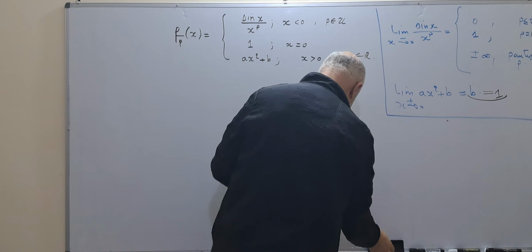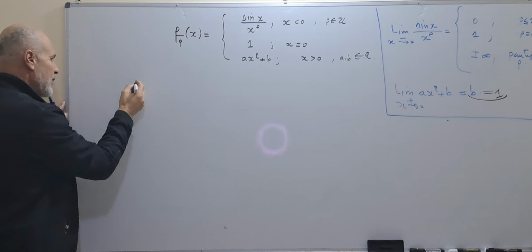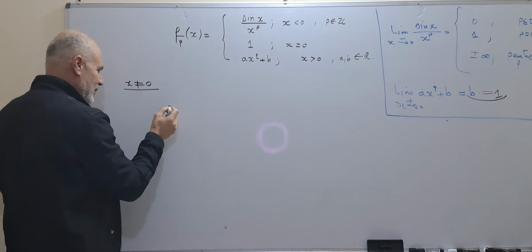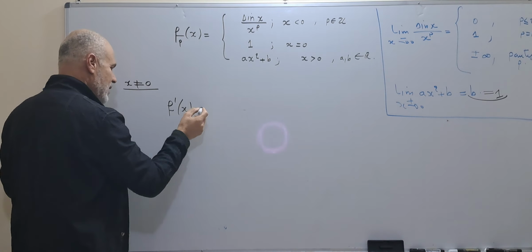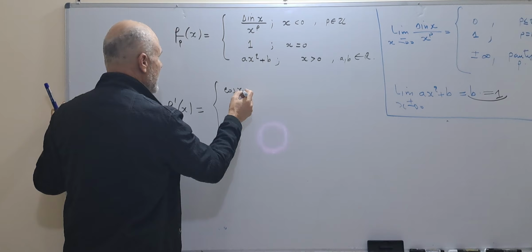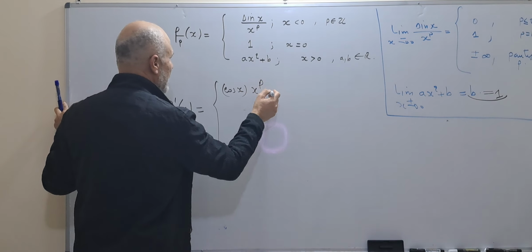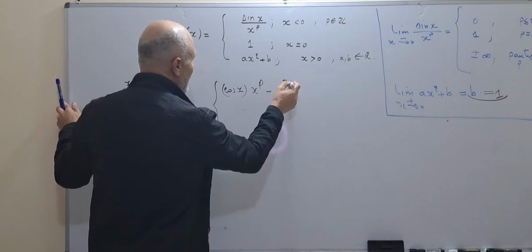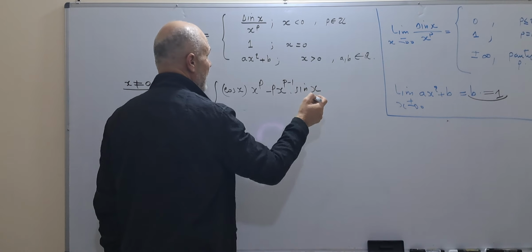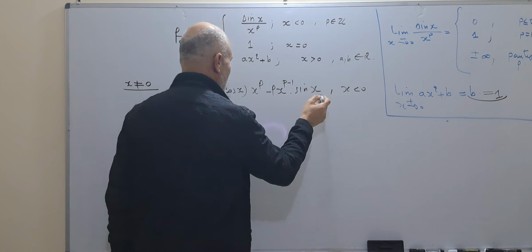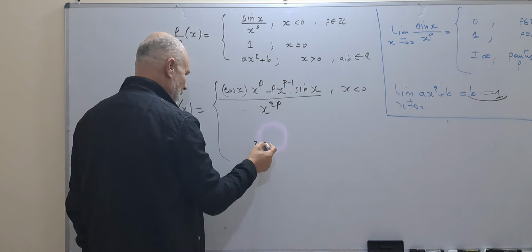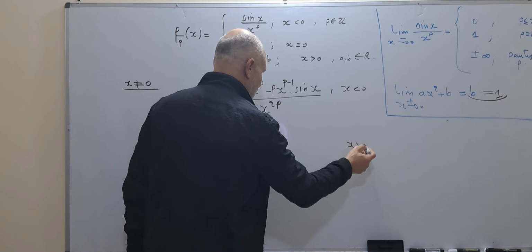So in general, if x is different from 0, f prime of x is equal to (cosine x times x power p minus p times x power p minus 1 times sine x) over x power 2p if x is less than 0, and it is equal to 2ax if x is strictly greater than 0.